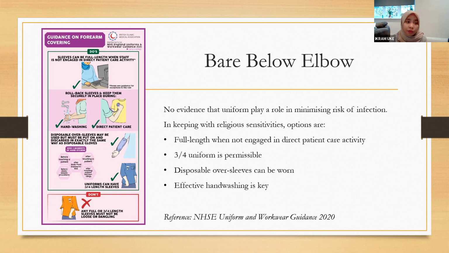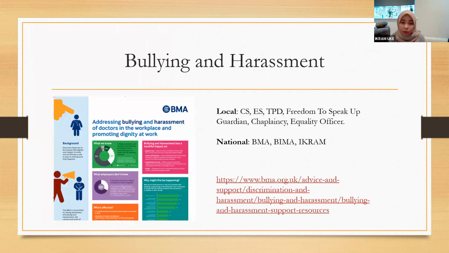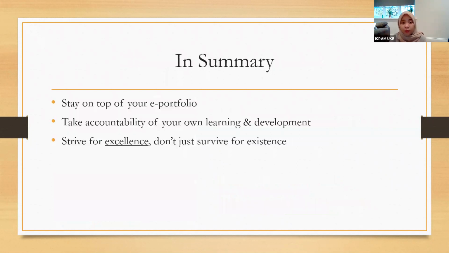We also have developed a guidance on forearm covering in the NHS. If you find yourself to be a victim of bullying and harassment, or even want to advise someone who's going through some of these issues, then these are the resources that you might find to be helpful.